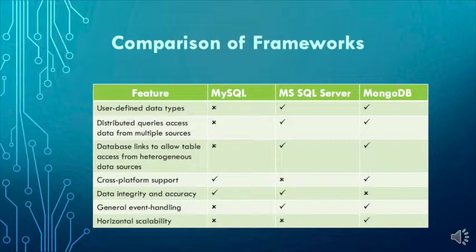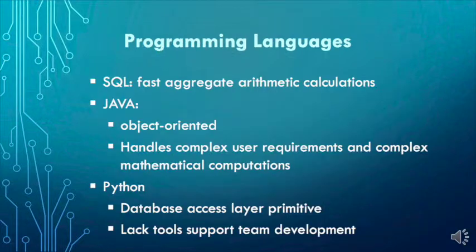So, the programming languages, we're looking at SQL, which is a pretty standard programming language for databases. It's well established and also has very fast aggregate arithmetic calculations, which is very useful for data queries and processing. But one thing that SQL doesn't have is that when it comes to more complex data structures, like mathematical calculations and object-oriented structures, SQL might not be very good.